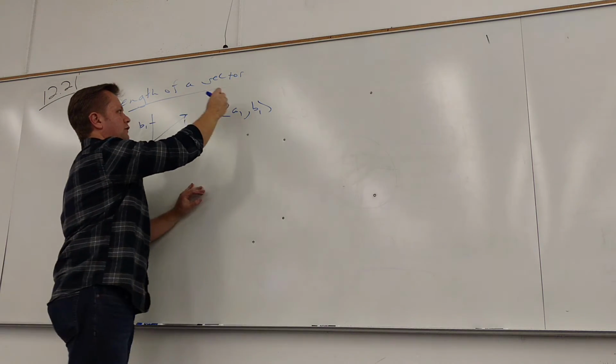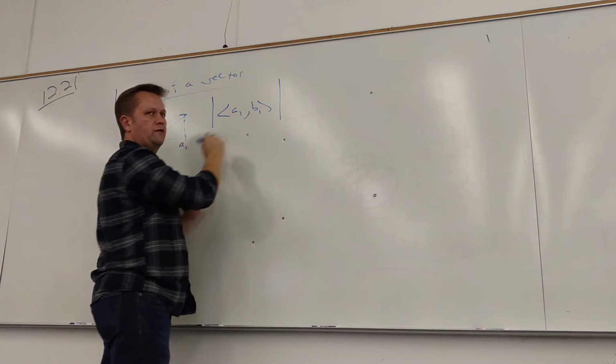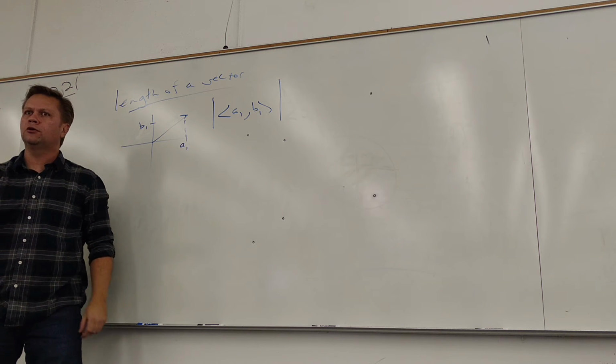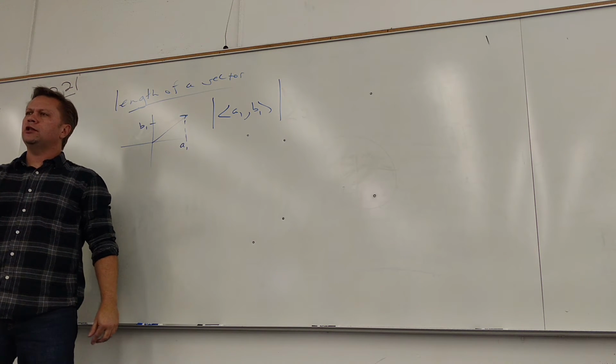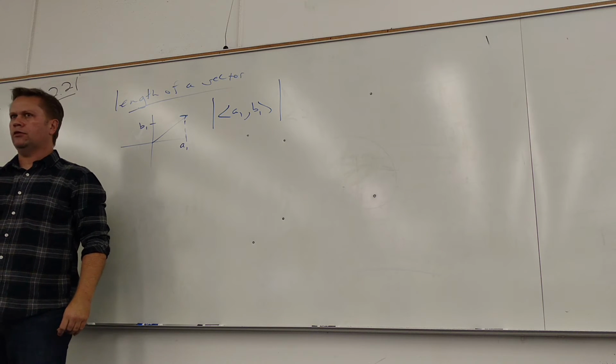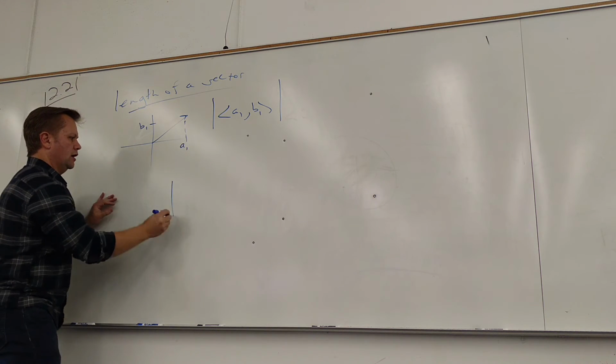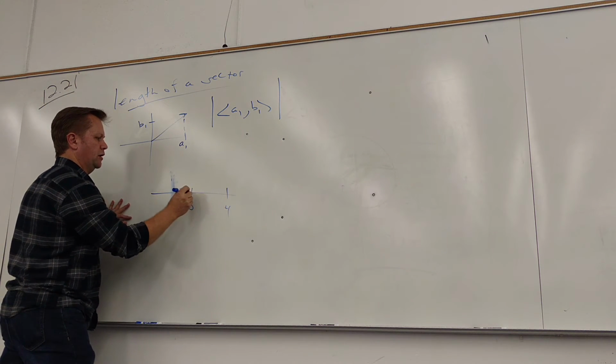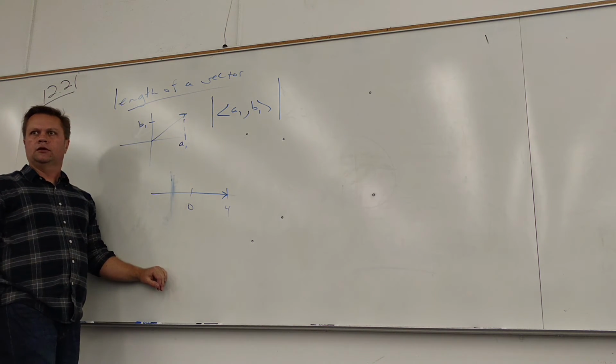The length of a vector is represented by those absolute value symbols. To be honest, we use the absolute value terminology for a one-dimensional length. If I have just one dimension, how long is the vector that points to 4? 4.